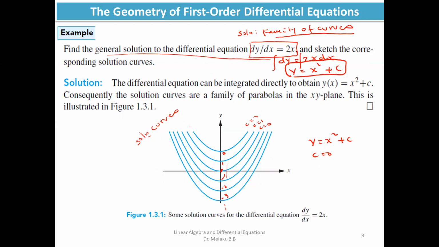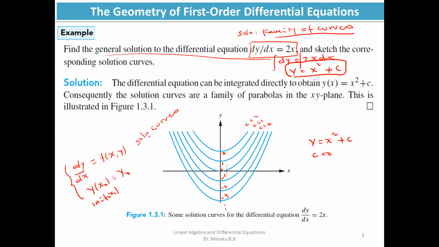Our main concern could be if we have a certain applied problem of the form dy by dx equal to f of xy with a certain initial condition at x naught. If we have this initial value problem, instead of having many solution curves, we'll have only one of them.